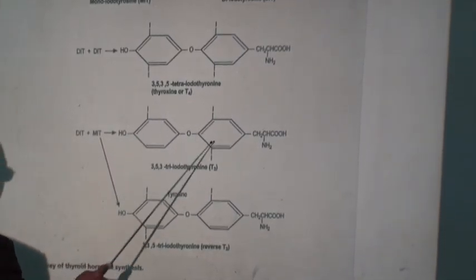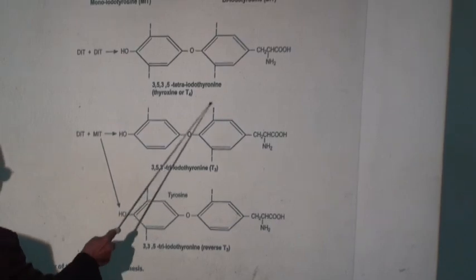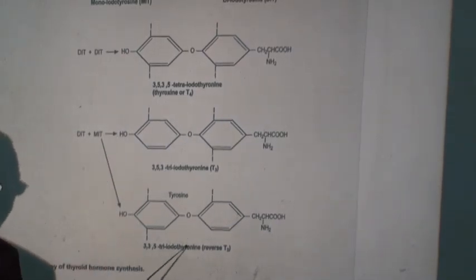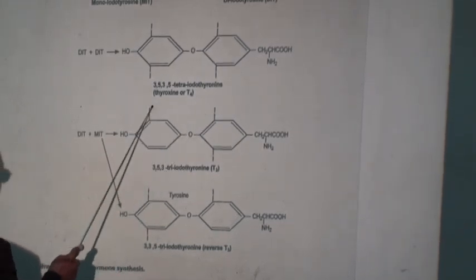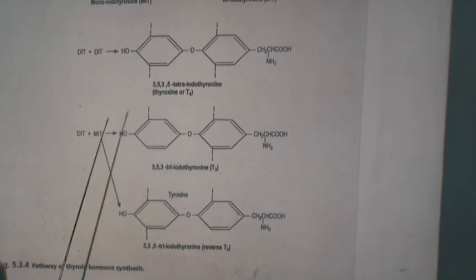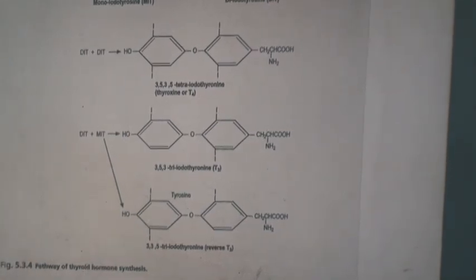You see, it has almost the same number of iodines, but the location of the iodines in the reverse T3 is different from the location of iodines in the T3.